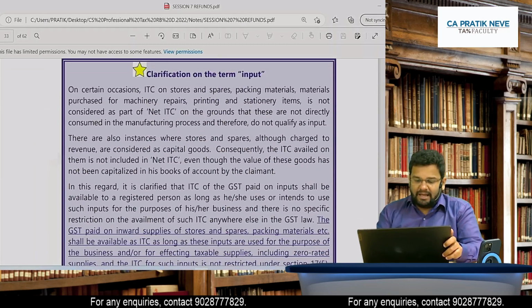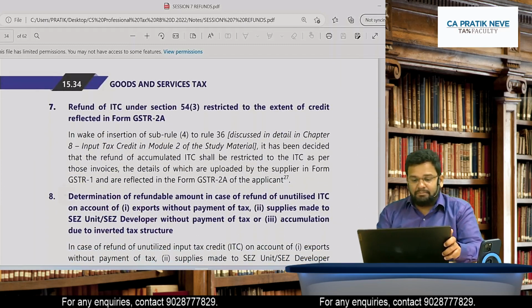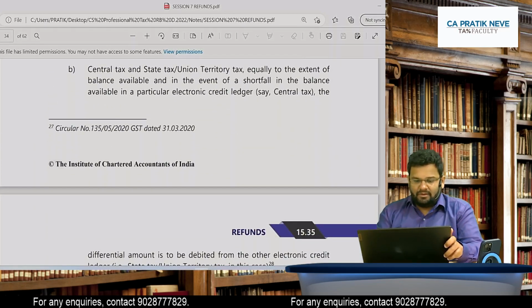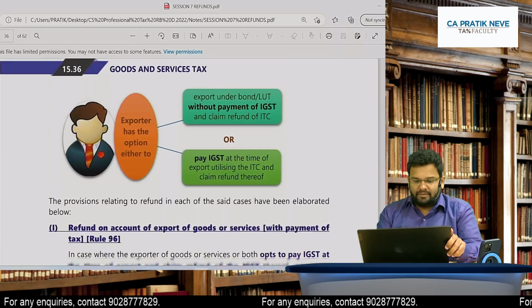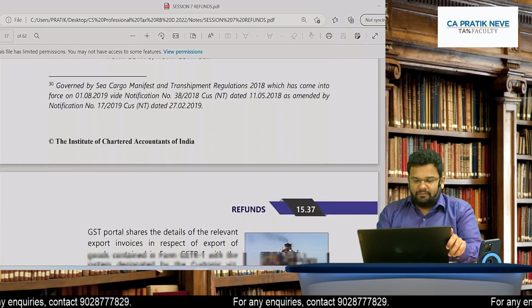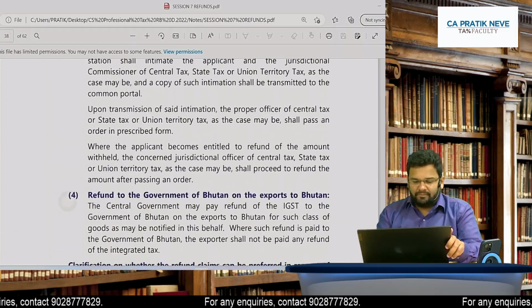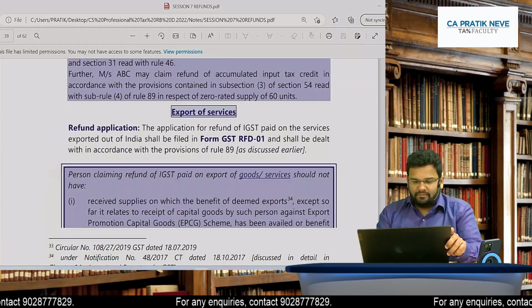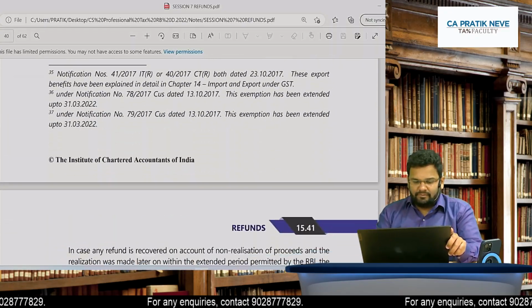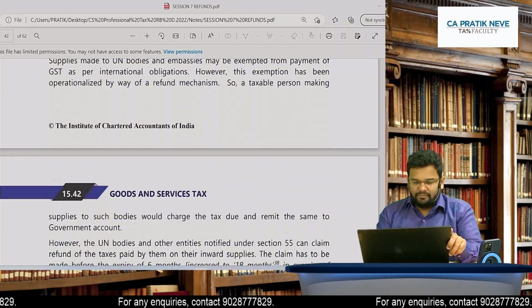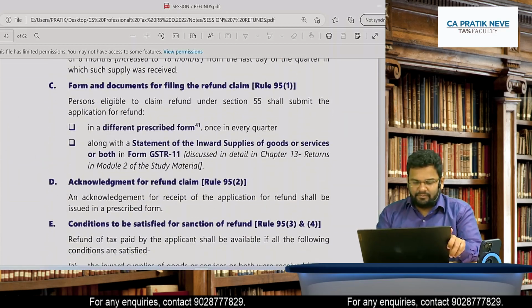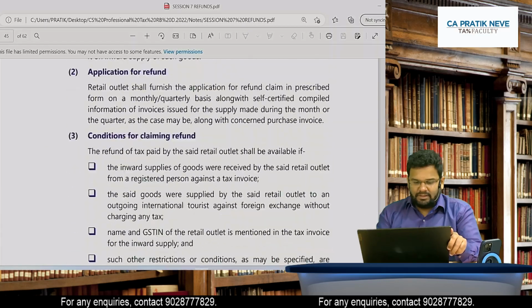I will directly take you to an example of this. Very simple example.